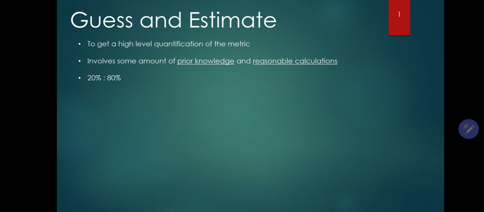As I told, it consists of some prior knowledge and some reasonable calculation. You can assign the weight like 20% prior knowledge and 80% effort for the reasonable calculations.